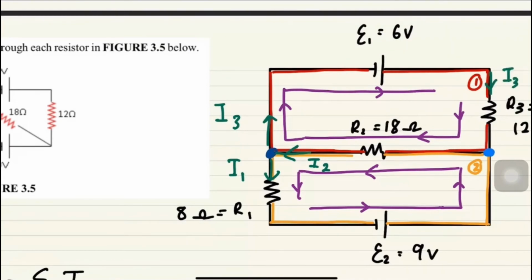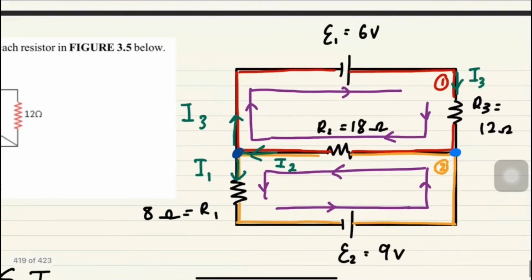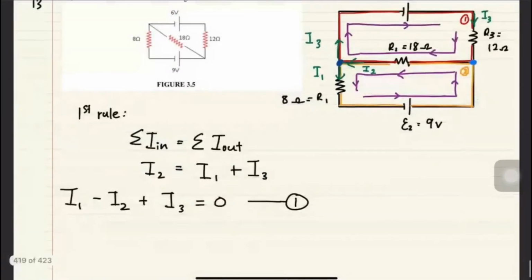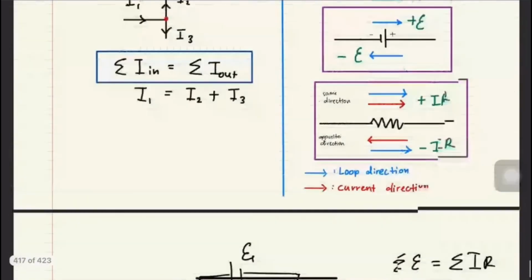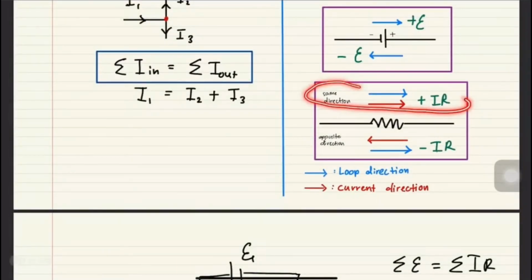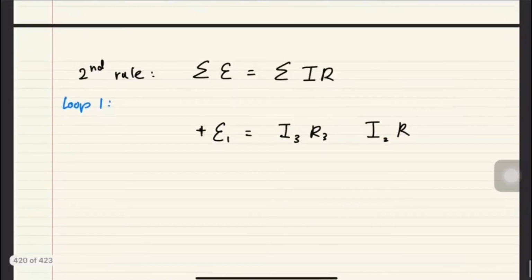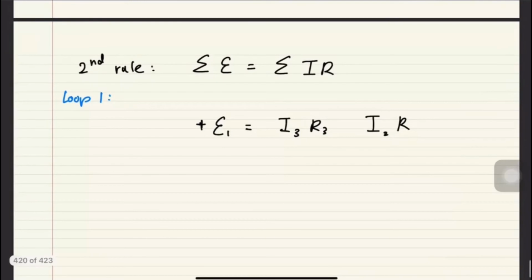Okay, to determine the sign convention across the resistor for the IR, you have to look at two things: the direction of current and the direction of loop. Same direction or opposite direction? This is the same, right? So positive or negative? If it is the same direction, it is positive. Do you understand?